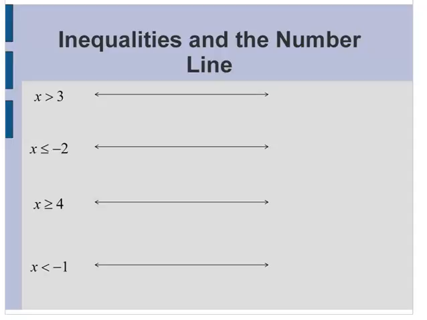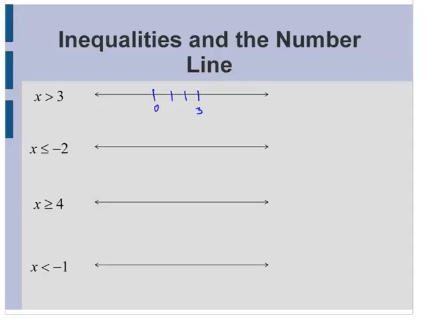Inequalities on the number line. We often use a number line to help us display the solutions of a linear inequality. For example, if we had x is greater than 3, let's first show where 0 is. So here's 0, and here's 3.